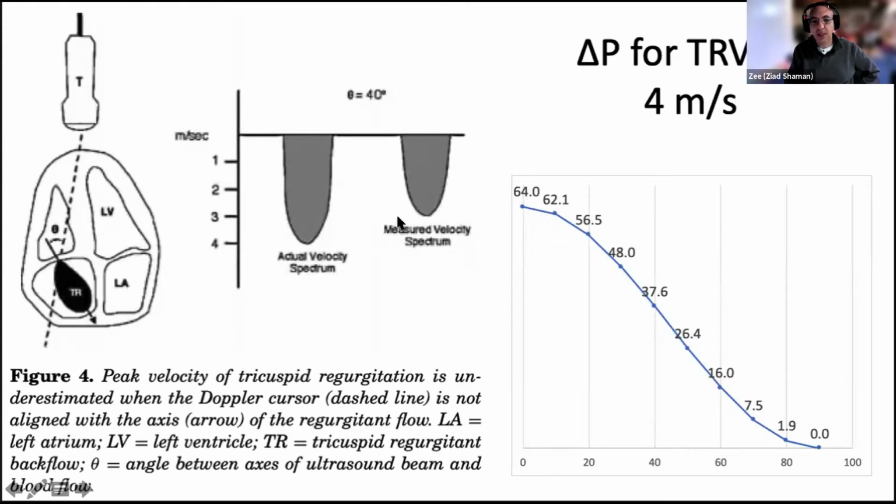A little bit of deviation from parallel will give you this kind of drop, and the farther you go from parallel, the worse the drop becomes. If you remember, this is the plot of cosine theta, and the signal doesn't change in the first 10%, but after that it starts coming down pretty significantly.